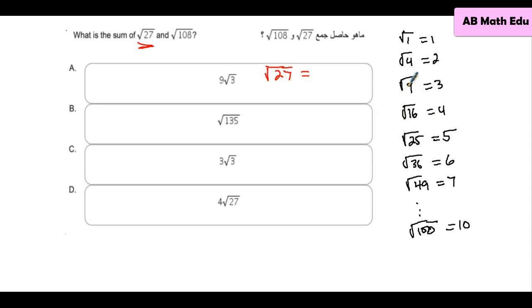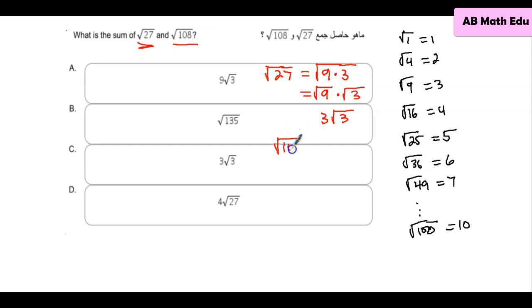So we have to move on. 9 is the highest perfect square that can go in here, so this can be written as 9 times 3. Then you can split it. Our square root of 9 we know is 3, so 3 and then root of 3. This is how low you can go. You can't go further.